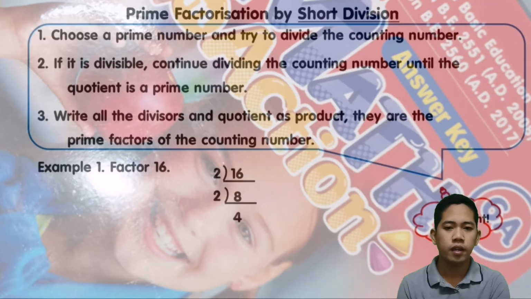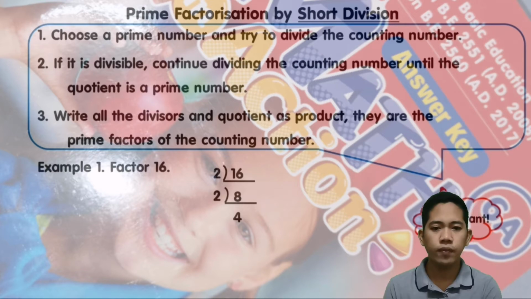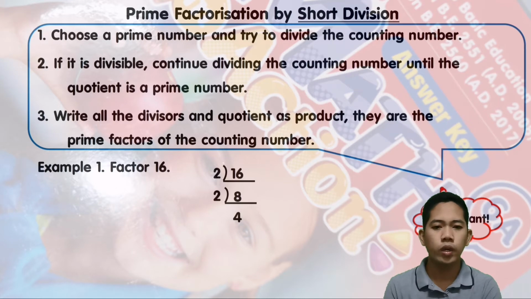Again, we have to continue dividing until the quotient is a prime number. So since 4 is still not a prime number, we have to think of a number that can divide 4. And that is 2. 4 divided by 2 is 2. Is 2 already a prime number?